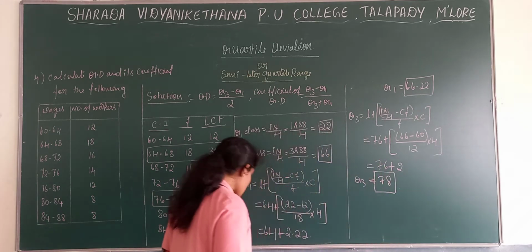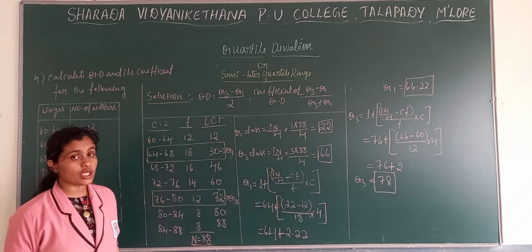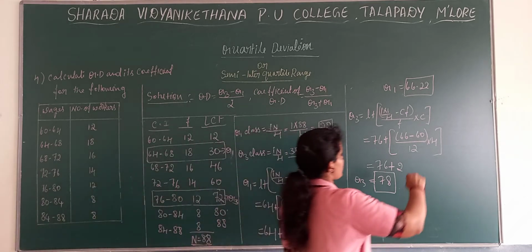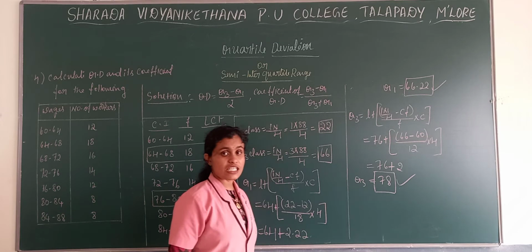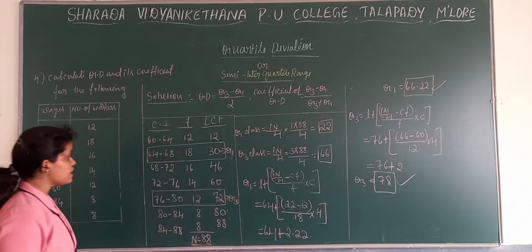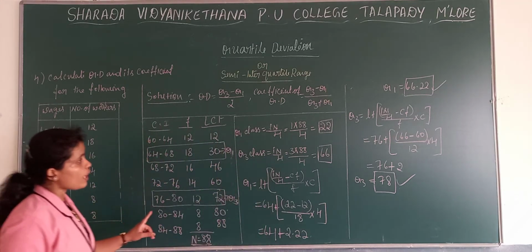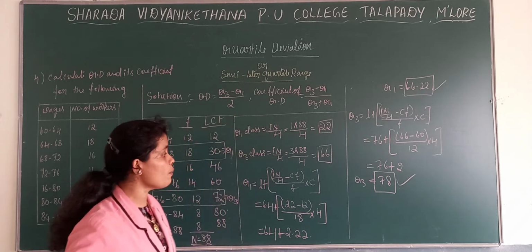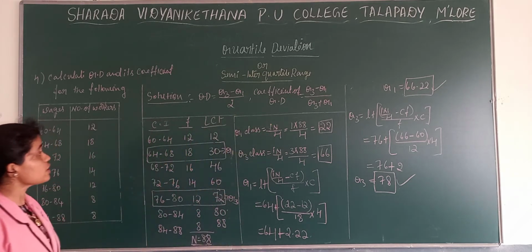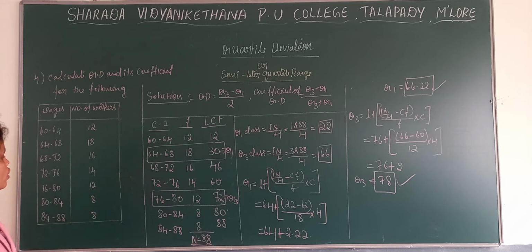So we got the Q1 as well as Q3 values, that is 66.22 and 78. Now we need to apply the main formulas, that is quartile deviation and coefficient of quartile deviation.